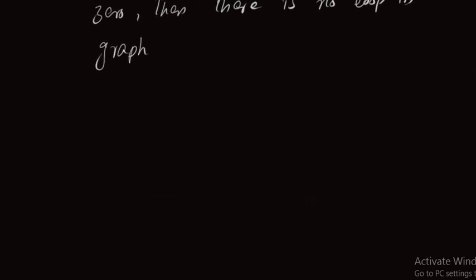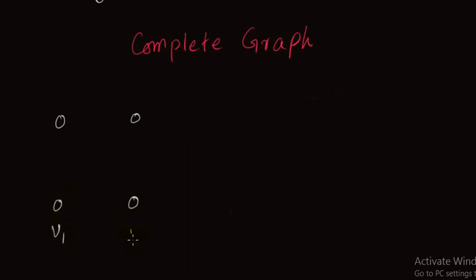Finally, we discuss the adjacency matrix of a complete graph. We know that in a complete graph all the vertices are adjacent, meaning there is an edge between all the vertices V1, V2, V3, V4.